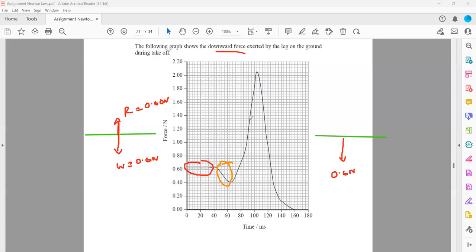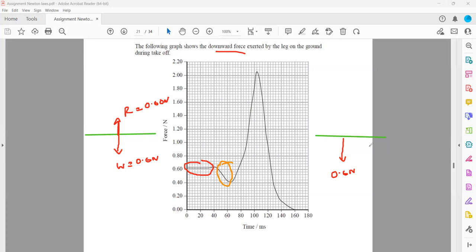It starts to push the ground. So what is the total downward force? Each box represents, here 10 boxes equal 0.4, so each box is 0.04. So this will be 2.04.